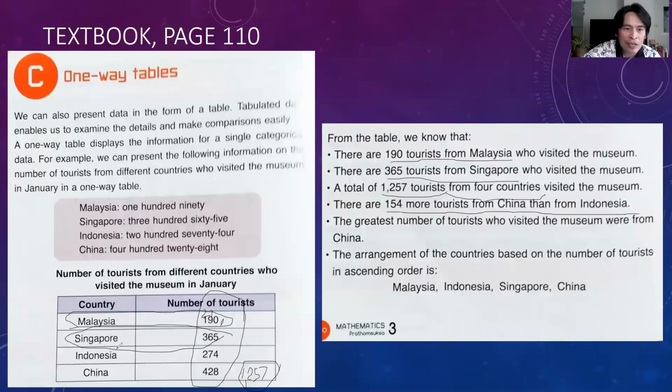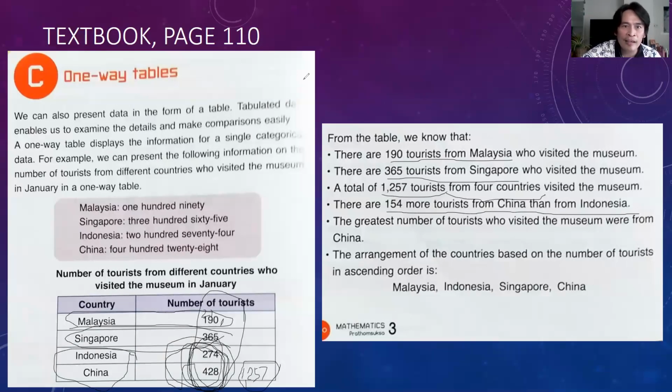Next, there are 154 more tourists from China than from Indonesia. Where are Indonesia and China? You have to compare China, this, so this. When you compare 274 and 428, you subtract 274 from the bigger number, 428.